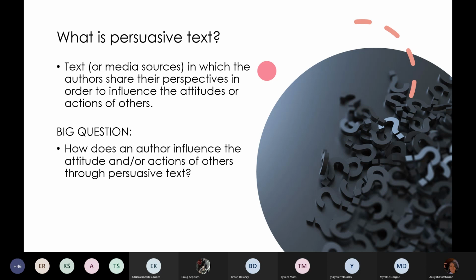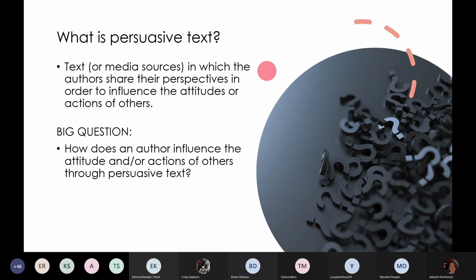So the big question that we have to ask ourselves, right? Every time you're reading a text, or every time you're listening to maybe a speech or wherever it may be, you have to think about the big question: how does an author influence the attitude and actions of others through the text that they're using, through their speech or wherever it may be?